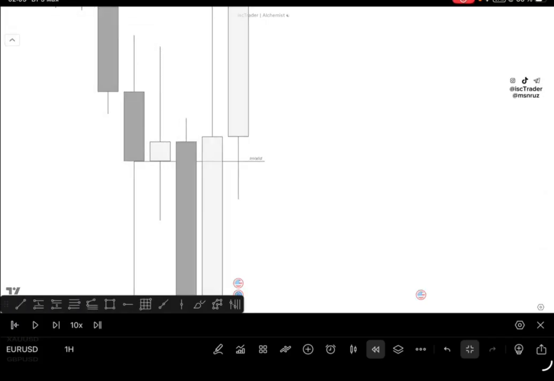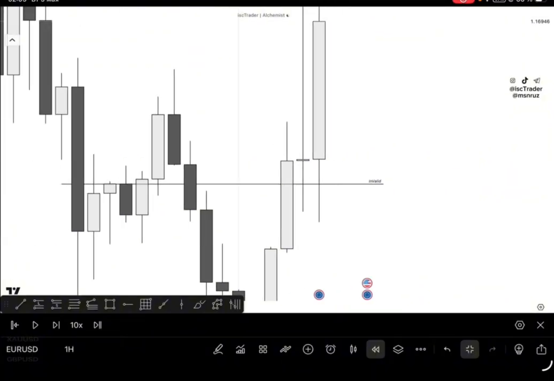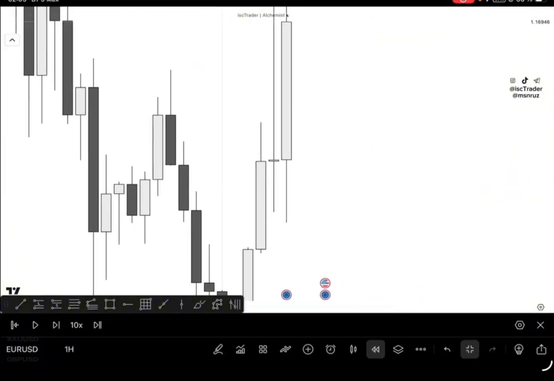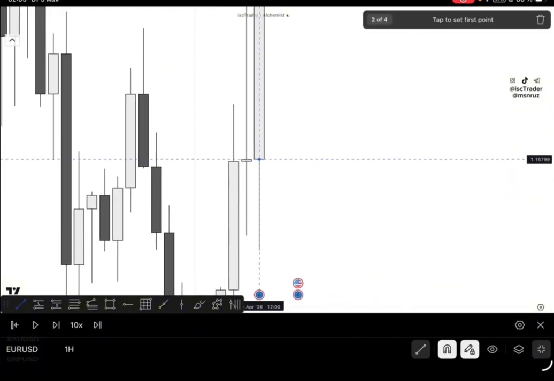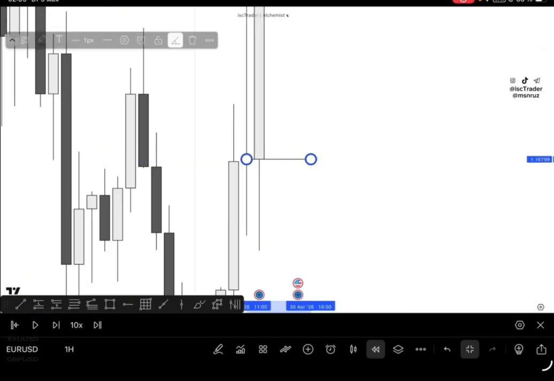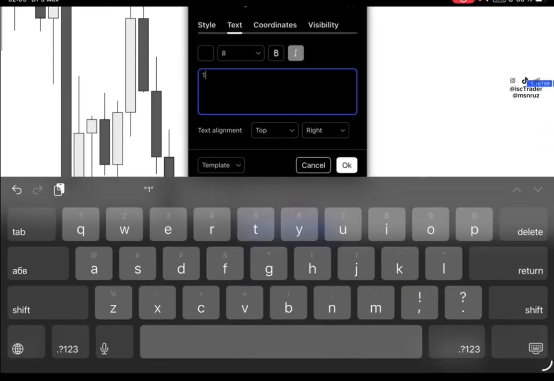We will move to the 1 hour. We erase this 1 hour zone, and we have an open candle level, a key level. The 1 hour OCL is a valid zone.